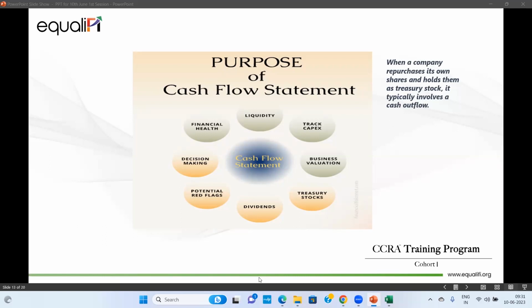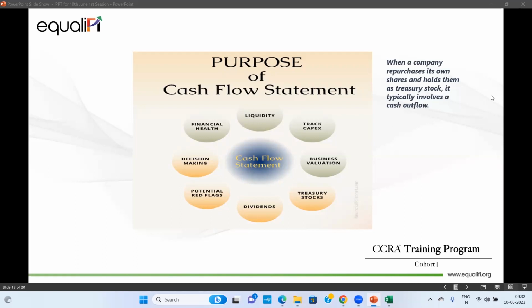So if I understand the cash flow statement properly, I will be able to calculate the cash flows, which are readily available up to this current financial year and also for the projected financial years, and which we can discount and find out the total present value of the entire thing, and accordingly I can ask for any investment. So business valuation is something where cash flow is used.